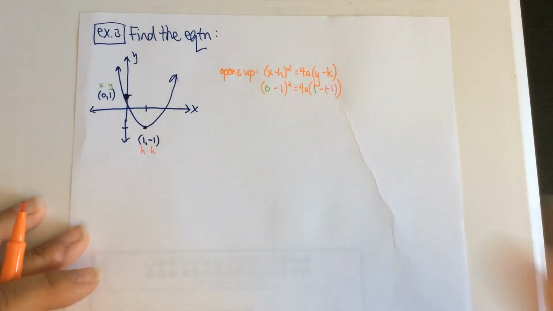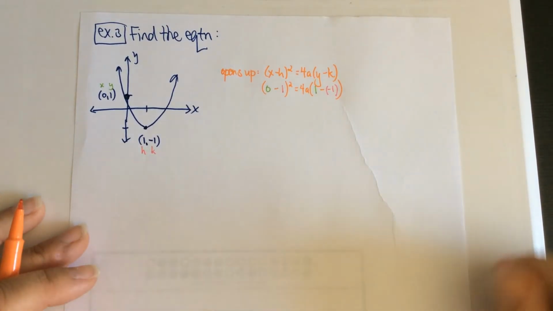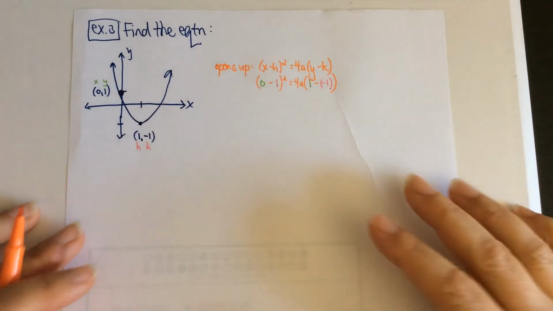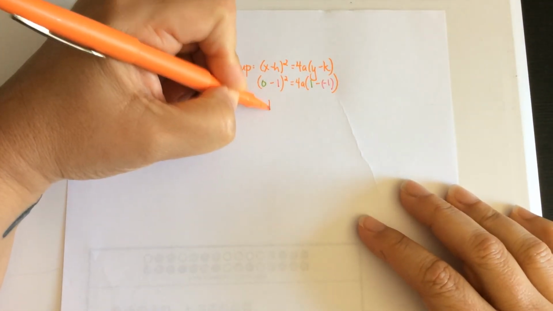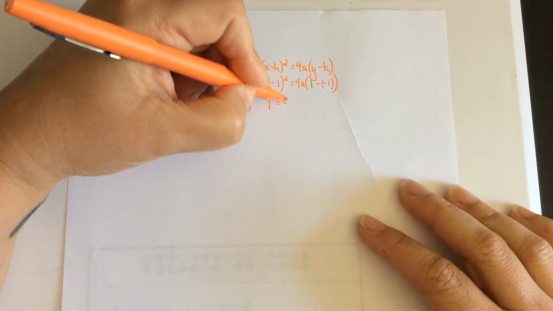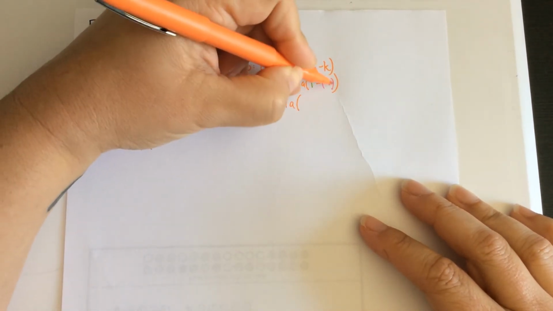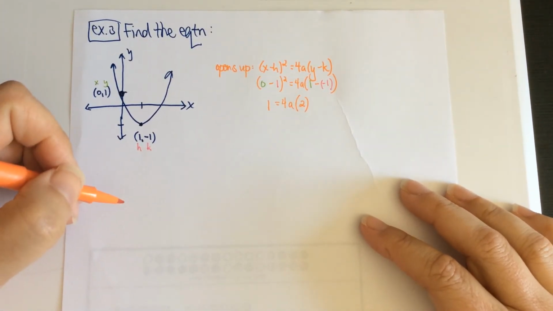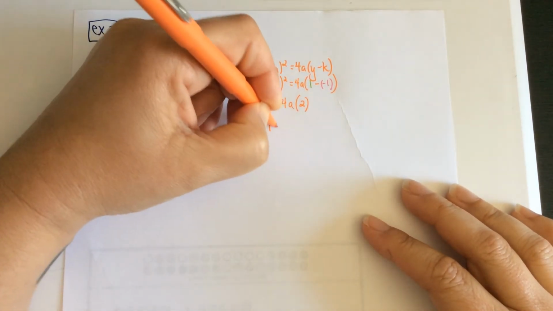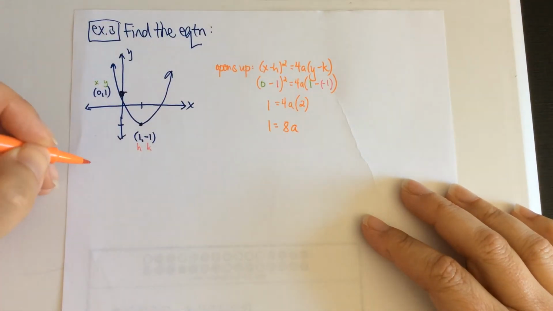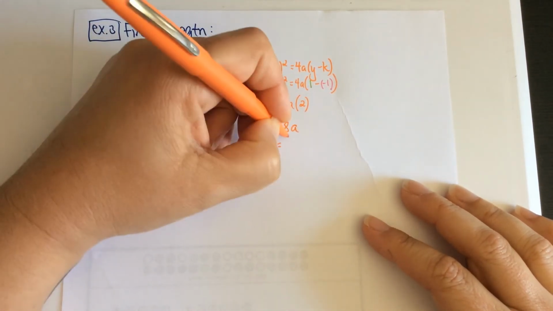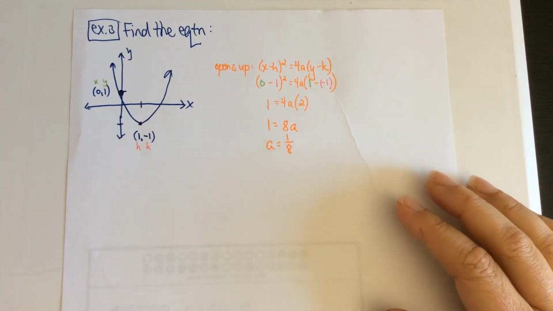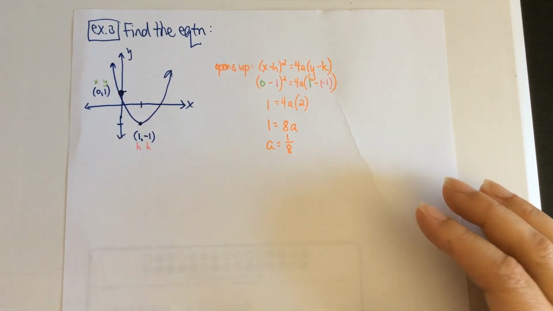Okay, my point in doing this is finding the value of a, because the a is the only thing I don't know. I know the h and the k. So this is -1 squared equals 4a times 2. Yeah, 1 minus -1. So that's 1 equals 8a. Divide both sides by 8 to get the a by itself. And we get a equals 1/8.